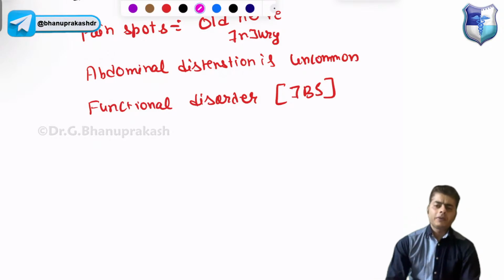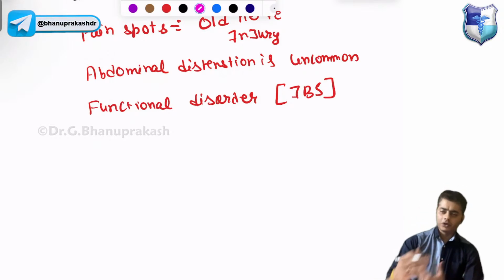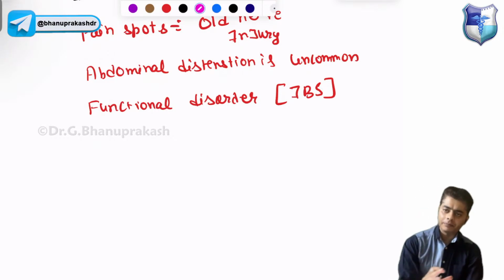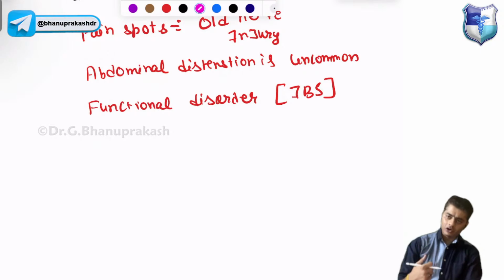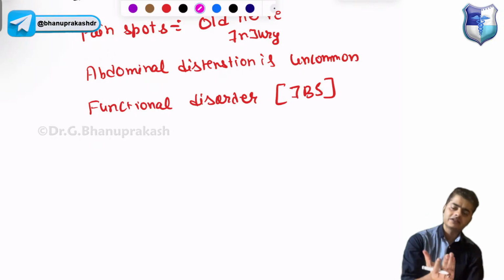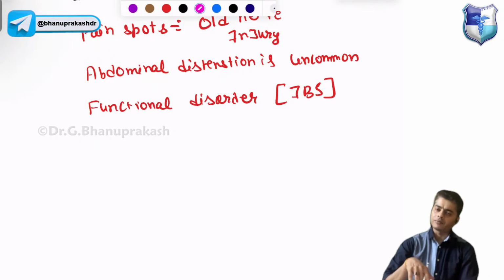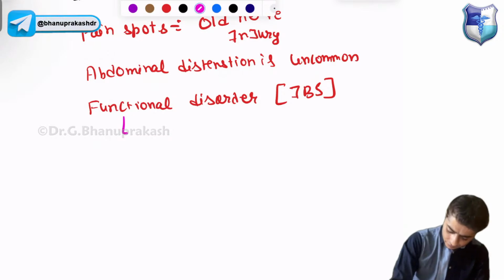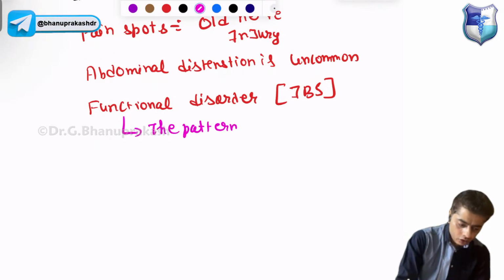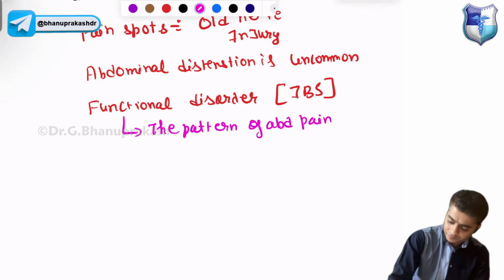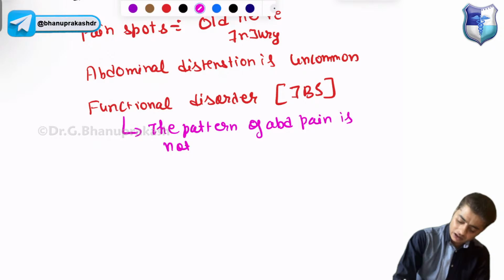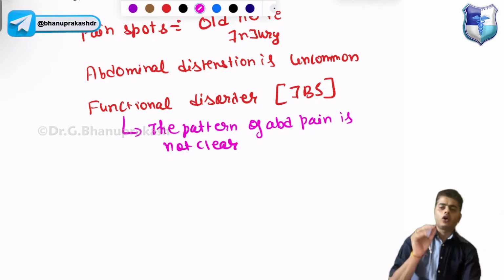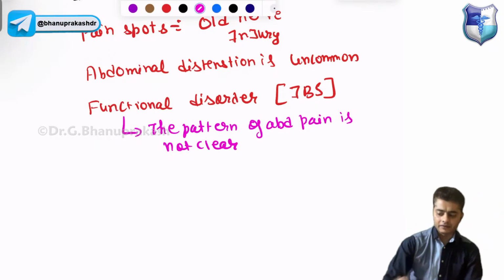When the pattern of abdominal pain is not clear, because generally all the diseases you have, they have some kind of abdominal pain pattern. Some have colicky pain, some initially have colic pain, that is visceral kind of pain, some initially have parietal peritoneum kind of pain. So when the pattern of abdominal pain is not clear, you should always suspect IBS.